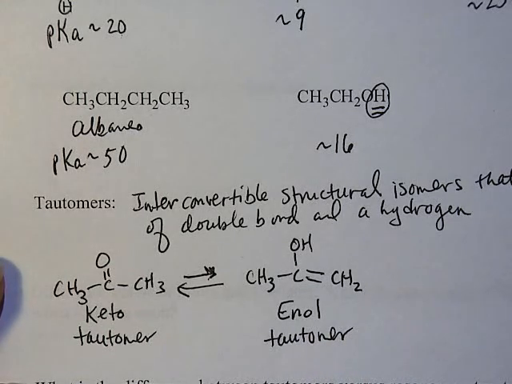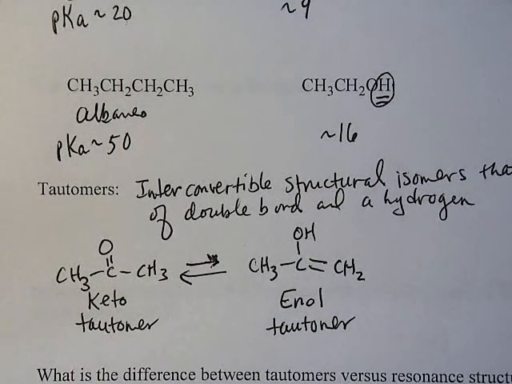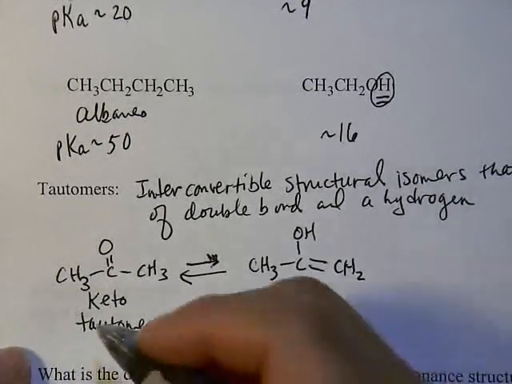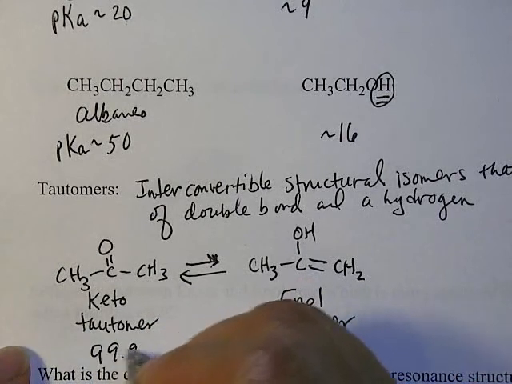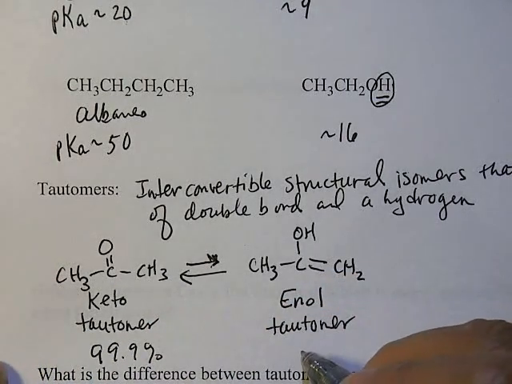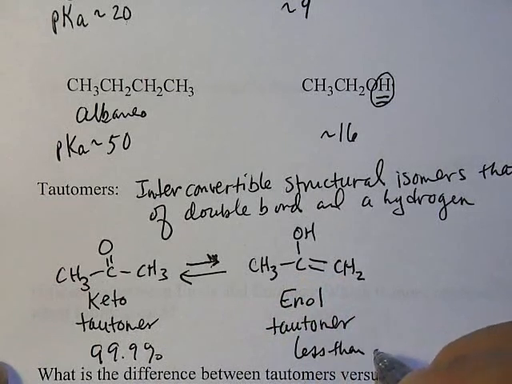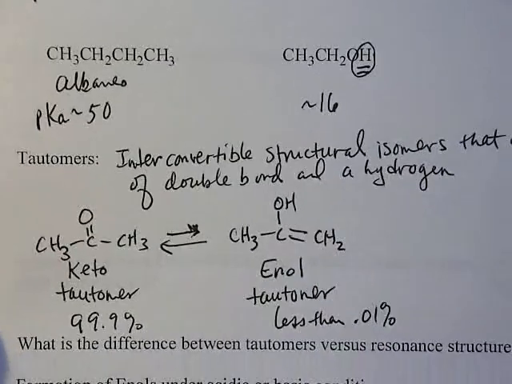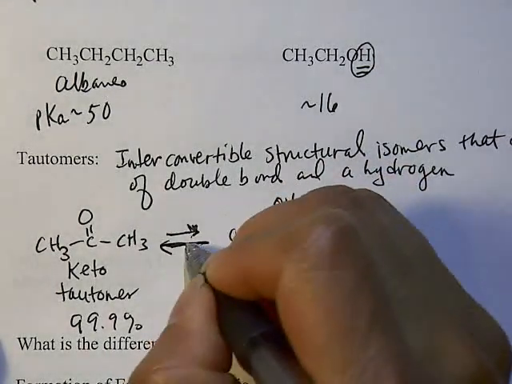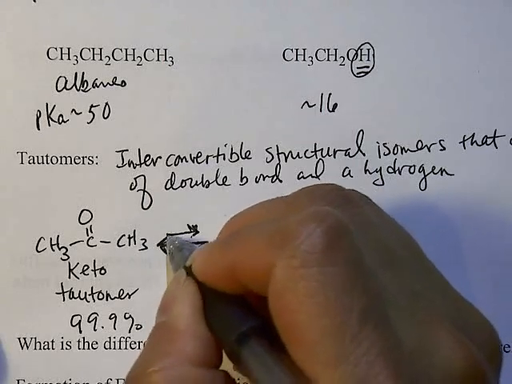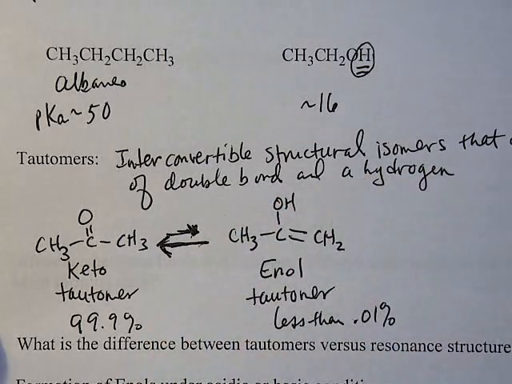Now, for something like acetone, these 2 distinct species are rapidly interconverting, all right? But because the keto tautomer is so much more stable than the enol tautomer, it exists in like 99.9%, whereas the enol is less than 0.01%. So the arrow really should be a big arrow going back, and then a little teeny arrow going to the enol form.